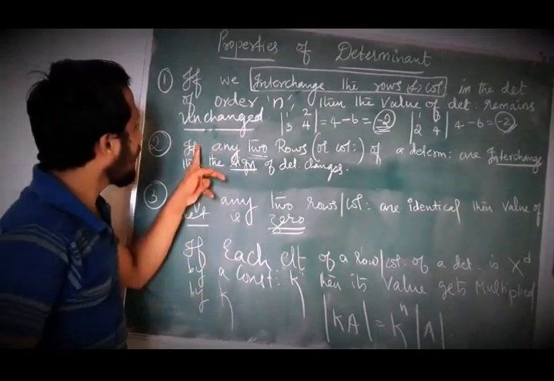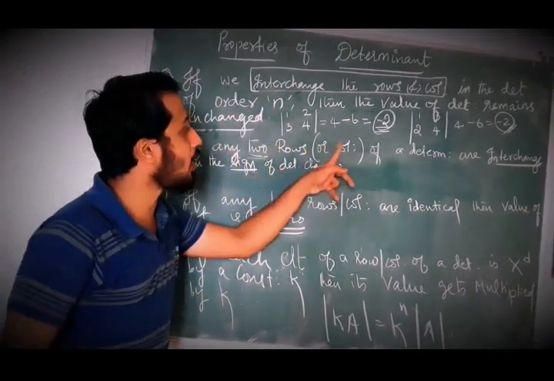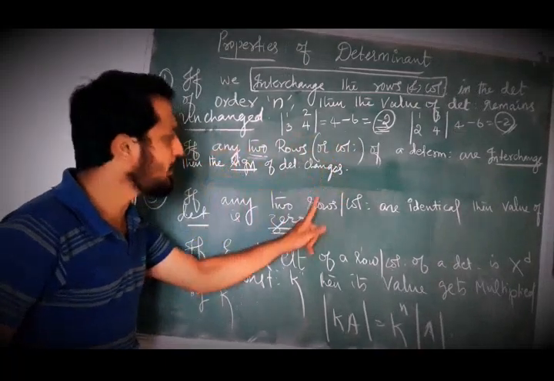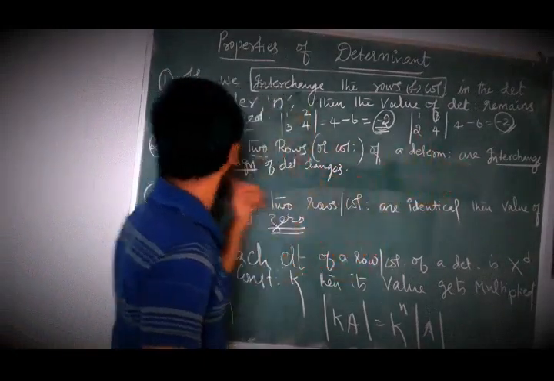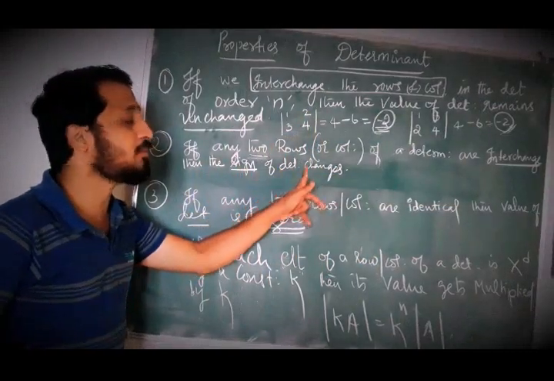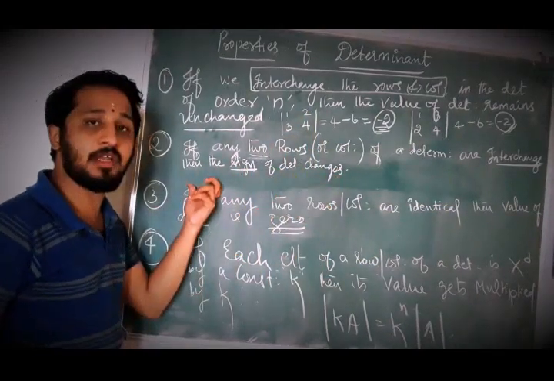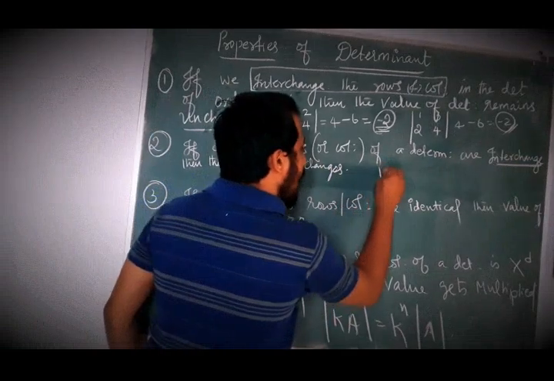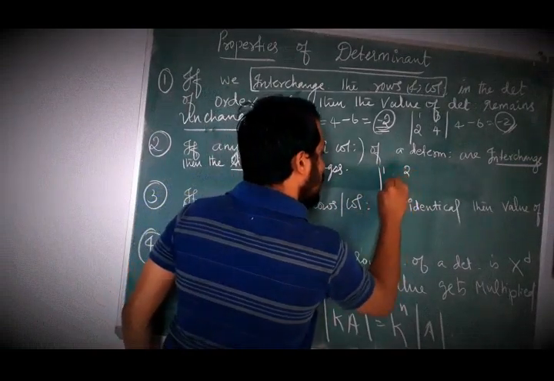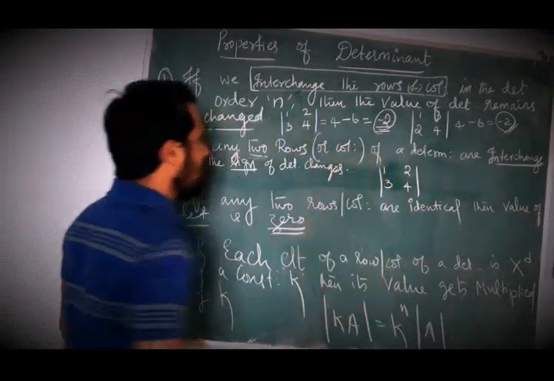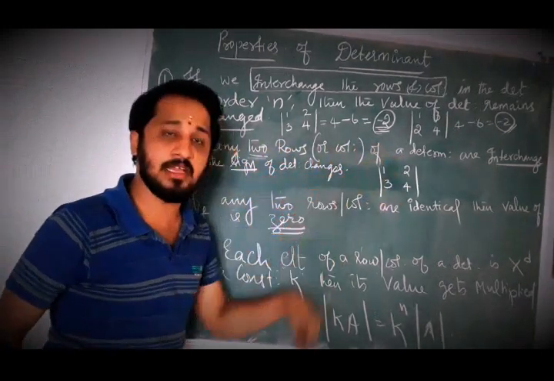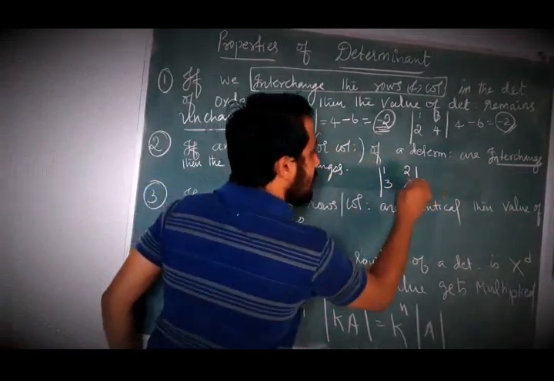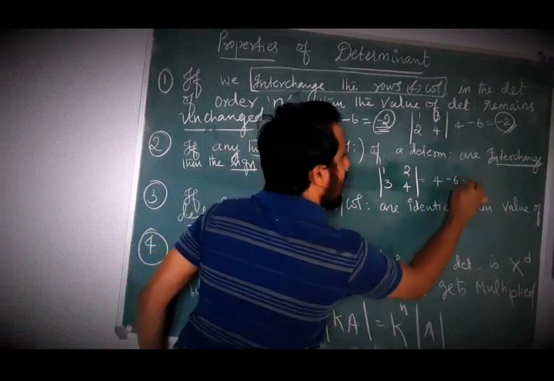Second property: if any 2 rows or columns of a determinant are interchanged, then the sign of the determinant changes. Listen here, I have 1, 2, 3, 4. What is the answer for this? 4 minus 6 is minus 2.